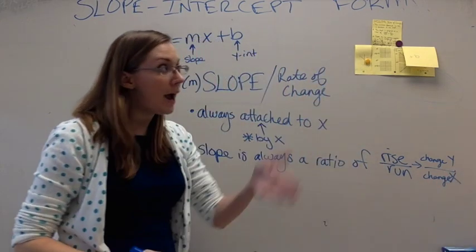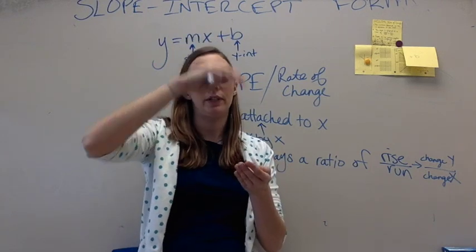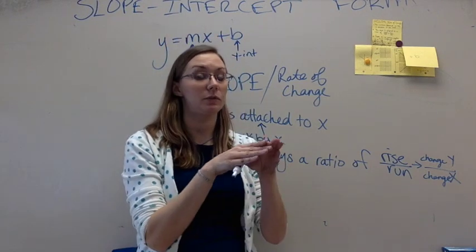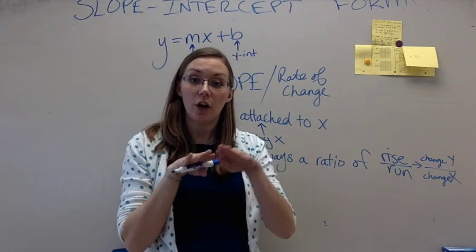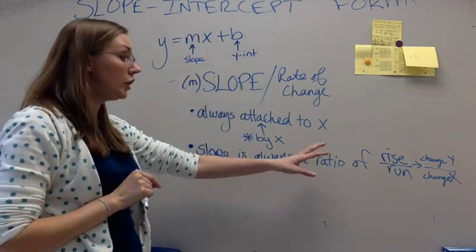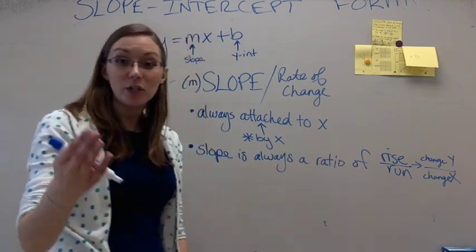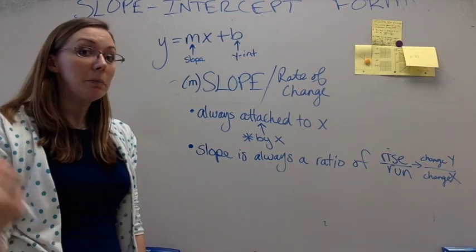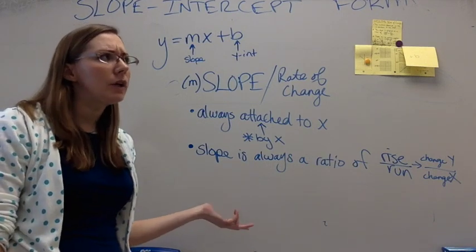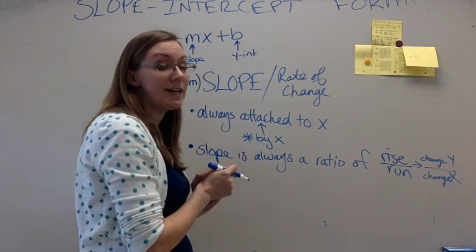If you think about it, your y-axis is vertical, right? So if something is going up, it's a change in our y. If something is moving left or right, it's a change in our x because that moves us horizontally on our coordinate grid, okay? Change in y over change in x. A lot of people will say rise over run. In fact, hopefully from middle school, you're remembering right now, oh, slope, that's familiar, rise and run. Okay, yeah, all right. If not, then make sure you have it written down so that you will know it in the future.